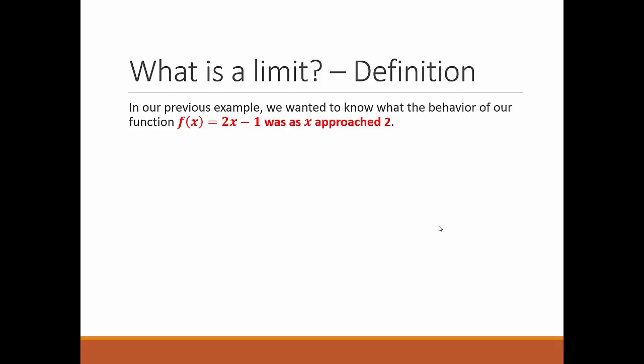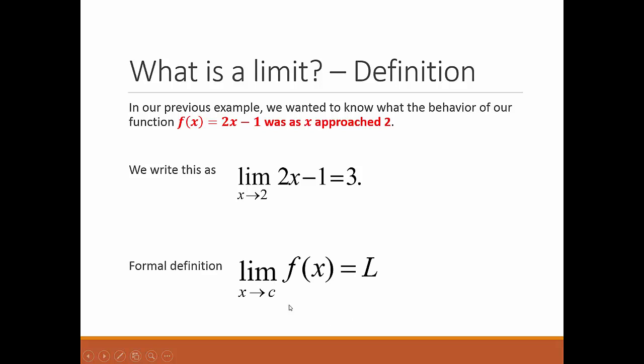How you write that all math and nerdy as a limit is: the limit of 2x minus 1 as x approaches 2 is 3. So the definition is you have a limit of some function as x is approaching some value, let's just call it c, whatever value, equals the limit.